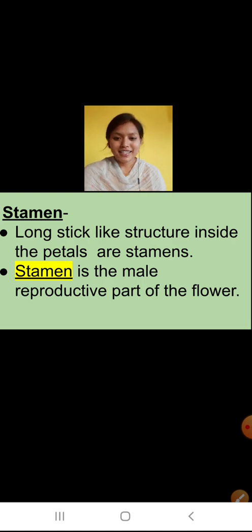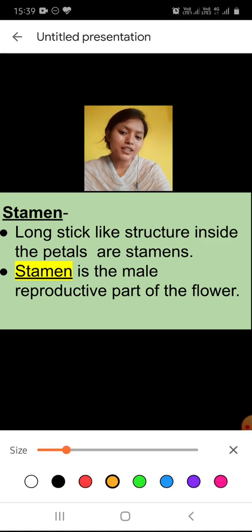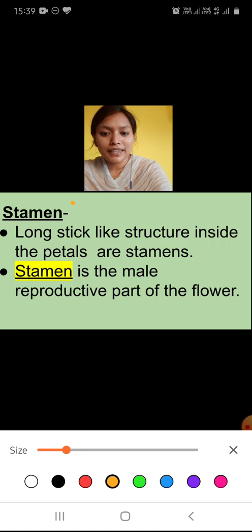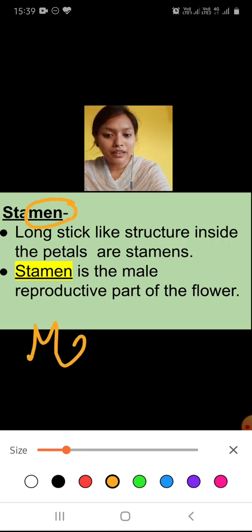Now the stamen. What is this stamen? Stamen is the male reproductive part of a flower. Yes, in the flower also, male and female reproductive parts are there. So how will you remember this? A trick is there. Men, men, stamen. Men means plural of man.